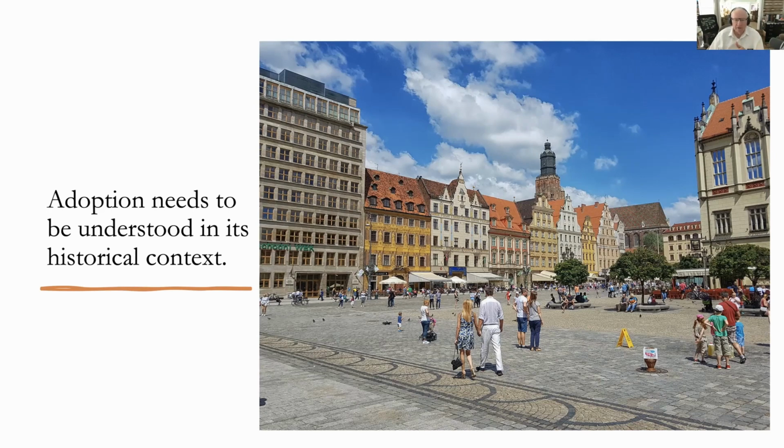Now, what I mean by historical context is the time that these events occurred. If you're talking about someone who was born in the last 25 years or so, finding an adopted parent is vastly different than looking for someone who was born in the early 1800s, for example.